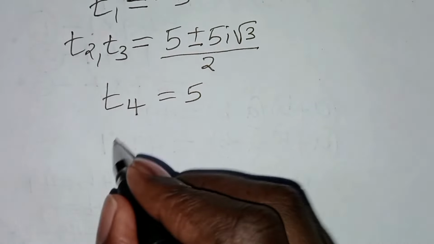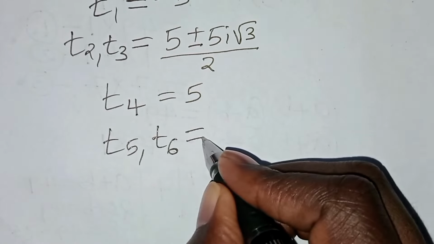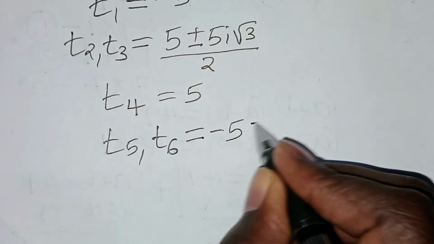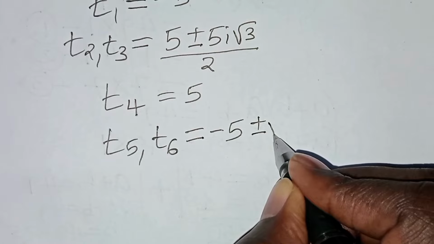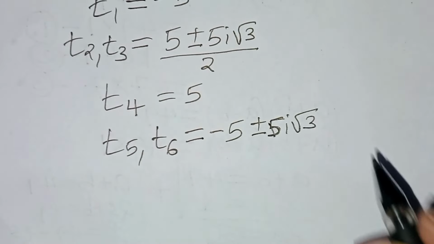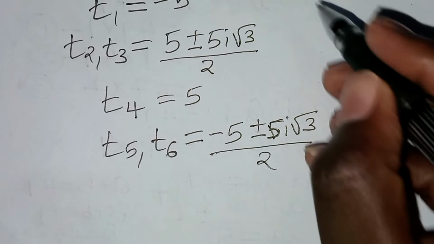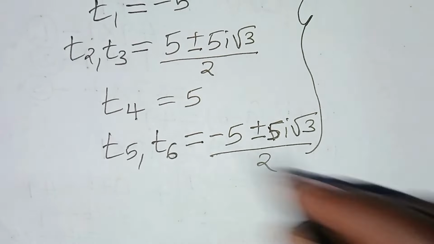And we have t5, t6, and this is equal to minus 5 plus or minus 5i square root of 3, all this divided by 2. So these are the 6 solutions we have for this math problem.